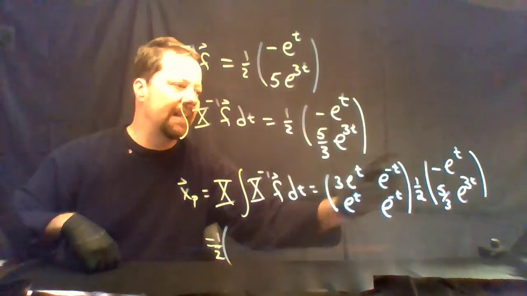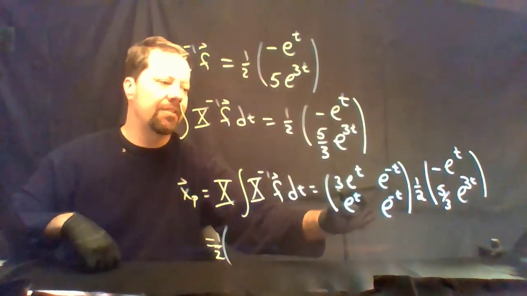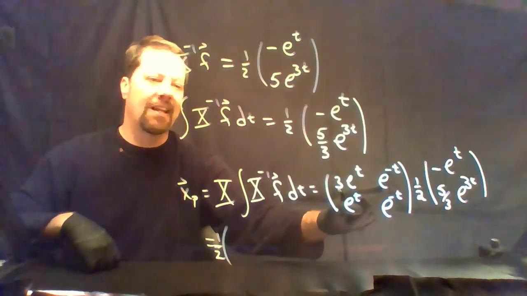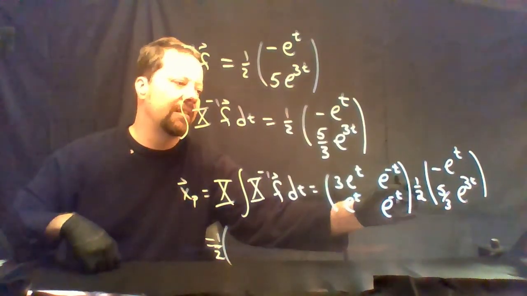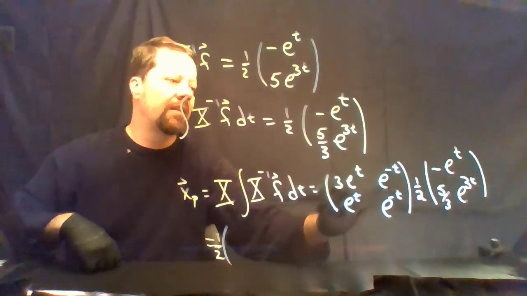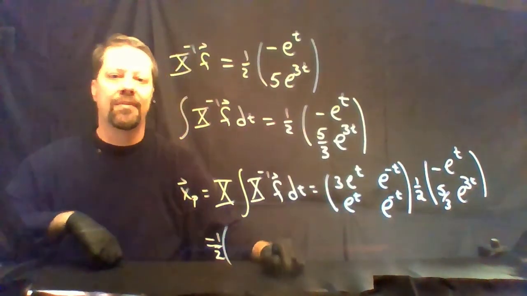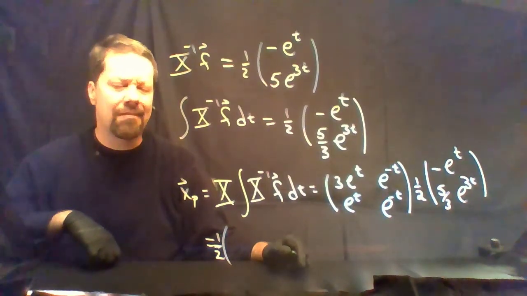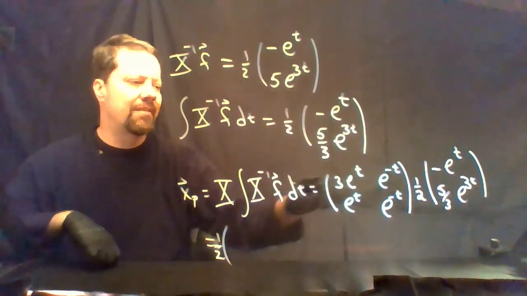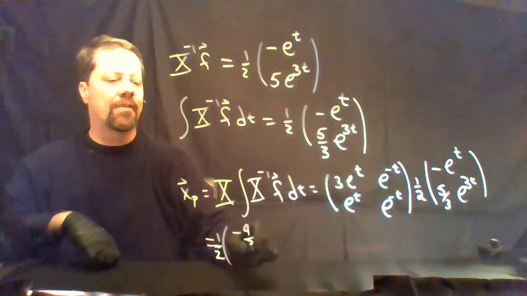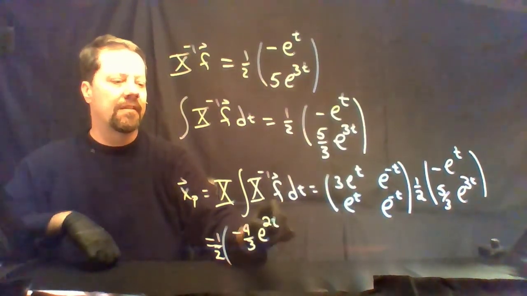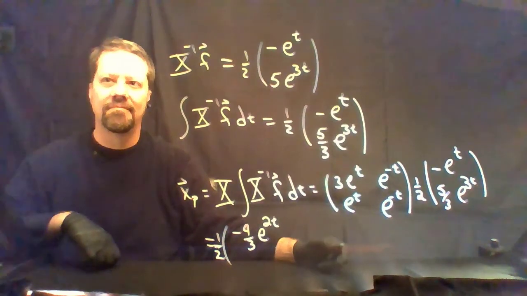If I multiply e to the t times e to the t, I'll have e to the 2t. And if I multiply e to the negative t times e to the 3t, I'll have e to the 2t. So that's 5/3 minus 3. 3 is 9/3, so we have negative 9/3 plus 5/3 is negative 4/3 e to the 2t.